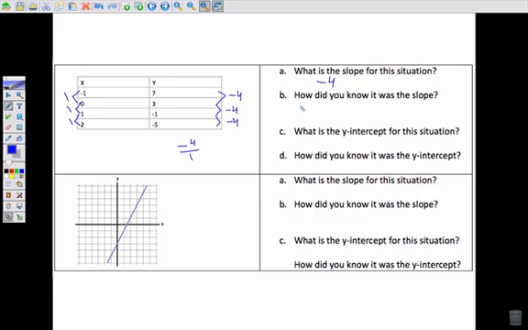And how did you know it was the slope? It's the rate of change. So it's how much y changes as x changes or increases by 1.